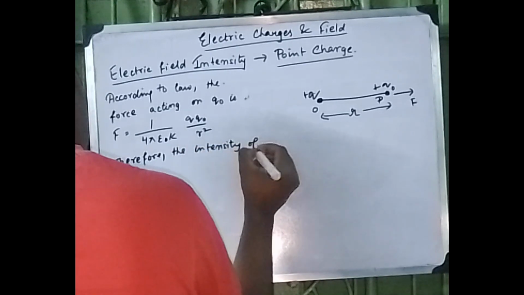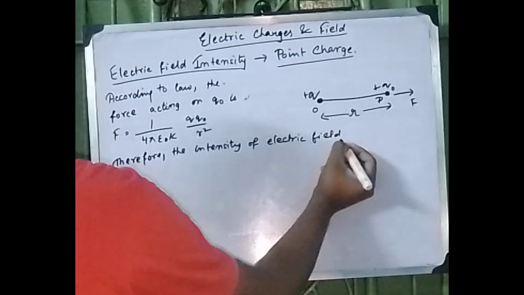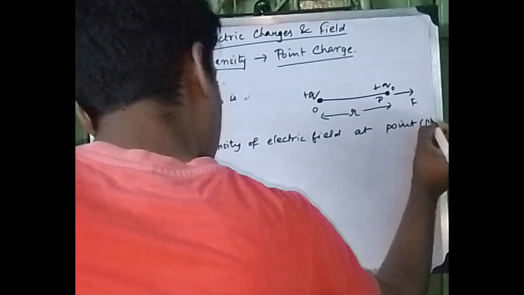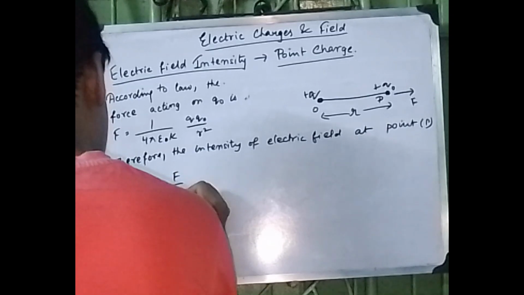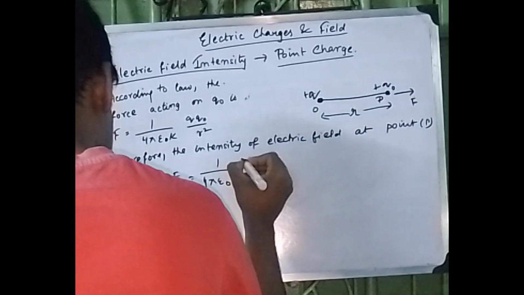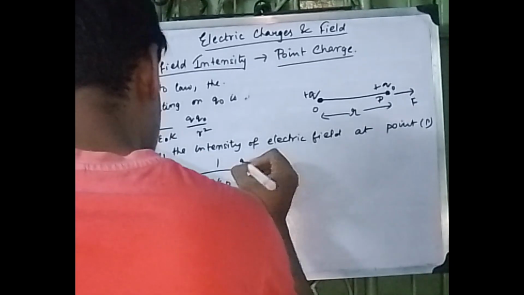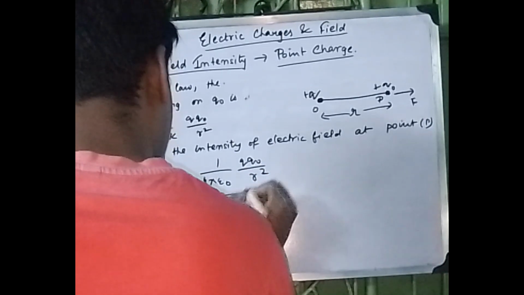Therefore, the intensity of the electric field at point P is given by E equals F by Q naught, where F equals 1 by 4 pi epsilon naught Q Q naught divided by r square.